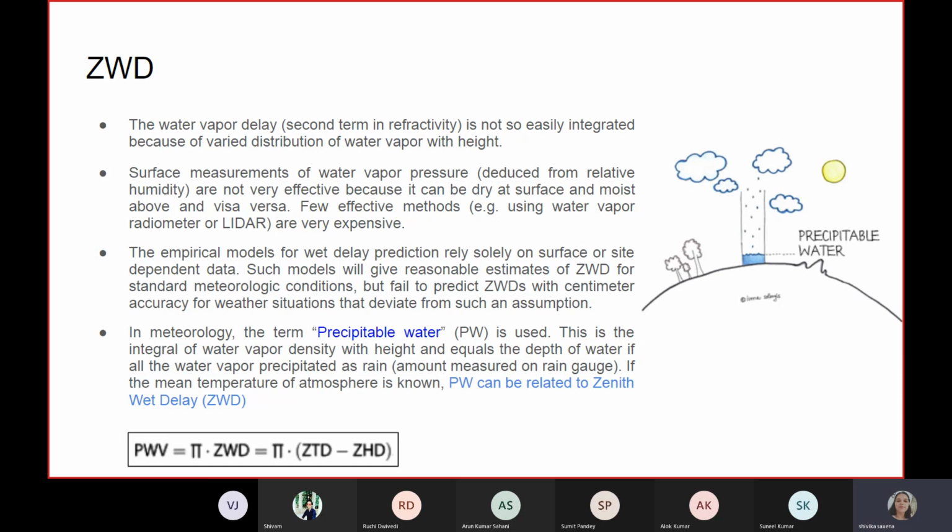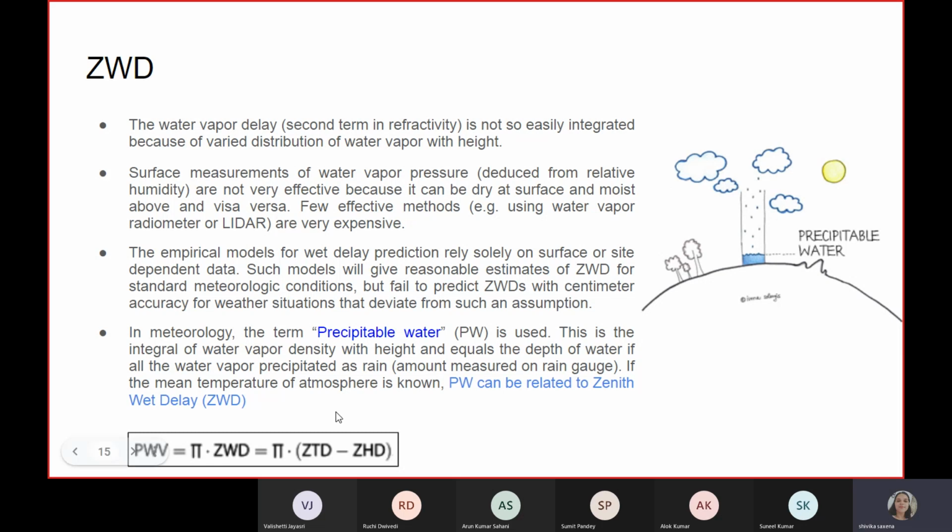So the gist of this slide is that we are not modeling the ZWD portion of the total delay. What is ZTD? Zenith total delay. Total delay equals dry delay plus wet delay. Dry delay or hydrostatic delay we are modeling using empirical models, and after obtaining this ZHD value we can simply subtract it from the total delay to obtain the wet delay.